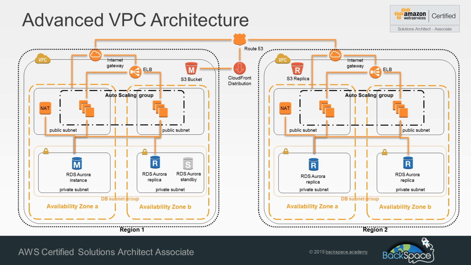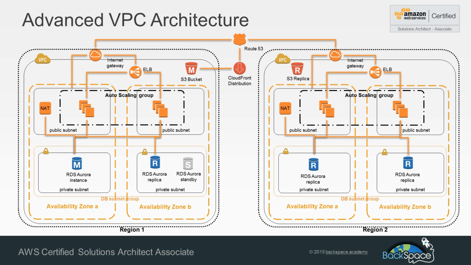So the way that would work is we would create our VPC architecture there on the left in a region, and then we would use CloudFormer to create a copy of that architecture. Once we have done that, we can then look at replicating our data across to that new architecture.